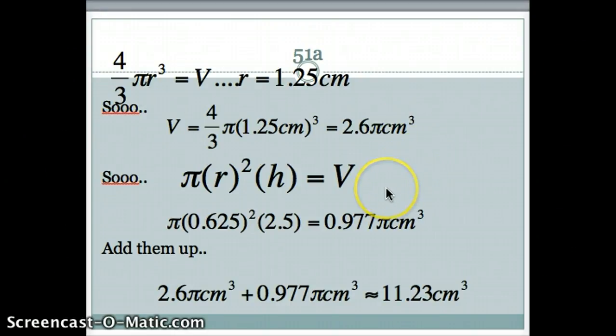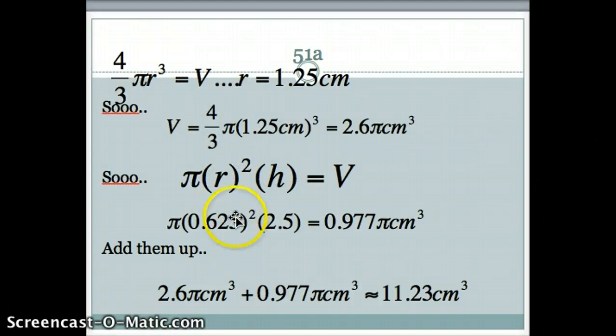Now I have to find the volume for the cylinder. So I used the formula to find the volume of a cylinder, and that is pi times radius squared times the height of the cylinder.